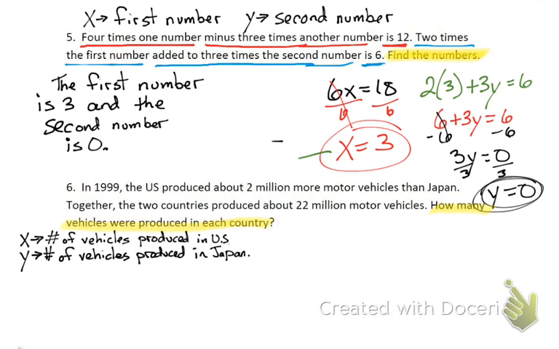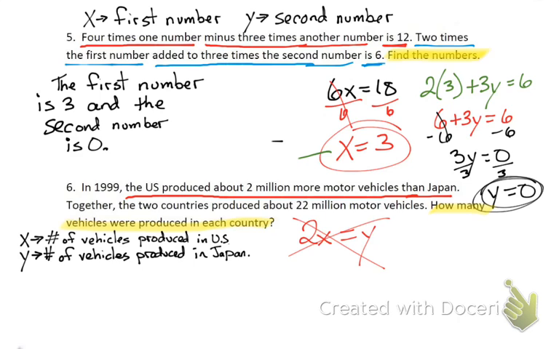So again, this is when I go back and I read each sentence. In 1999, the U.S. produced about 2 million more vehicles than Japan. All right, now, this is where a lot of people are going to make a mistake, and they're going to say 2x equals y, and that is incorrect.